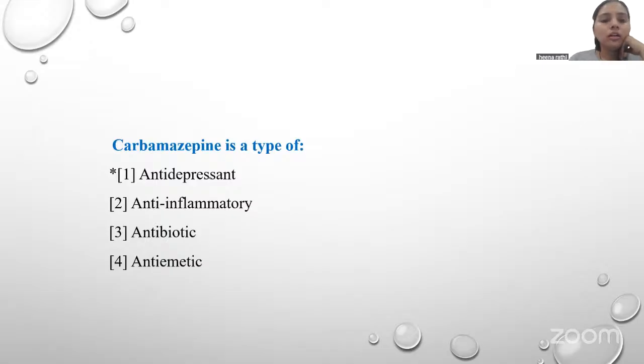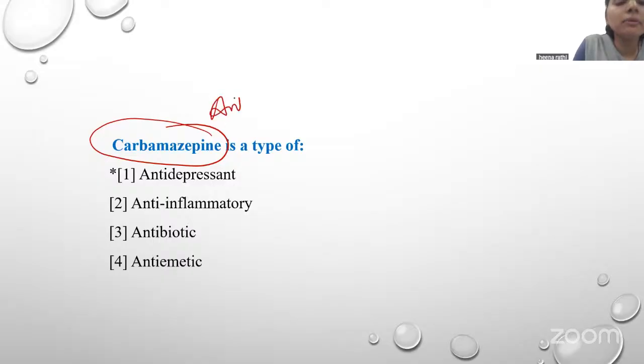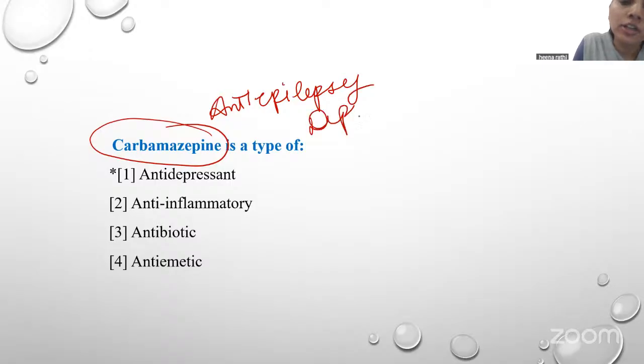Okay. Carbamazepine. What is carbamazepine? Carbamazepine is an anti-epileptic drug, but apart from epilepsy, we can use this drug in other conditions also. Like in case of depression. It is the drug of choice for trigeminal neuralgia.